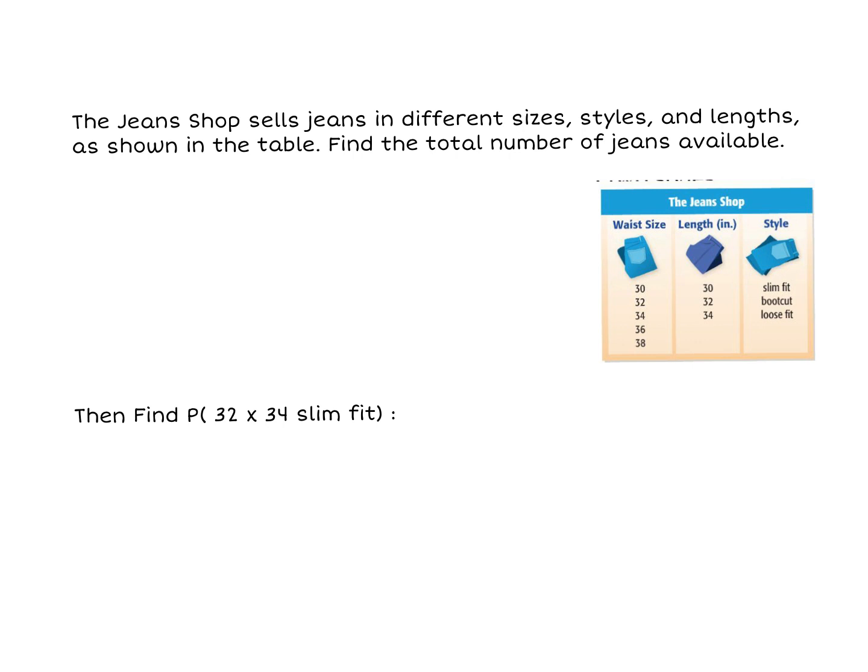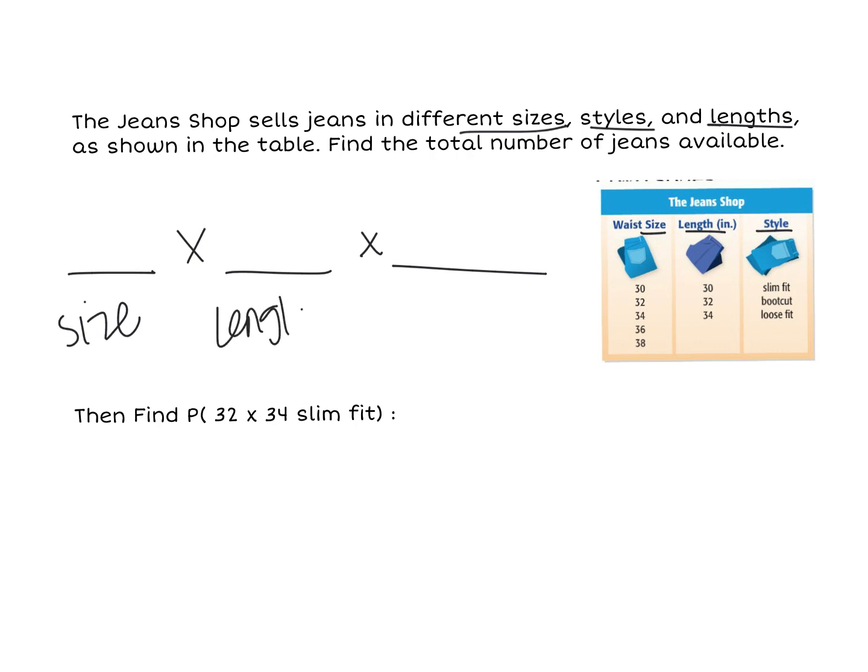So we'll look at some more situations. The jeans shop sells jeans in different sizes, styles, and lengths as shown in the table. Find the total number of jeans available. So we can look at the size, length, and style. And then we just multiply to find the total number of jeans, like possible options. So like how many different sizes there are, how many different lengths, and how many different styles.